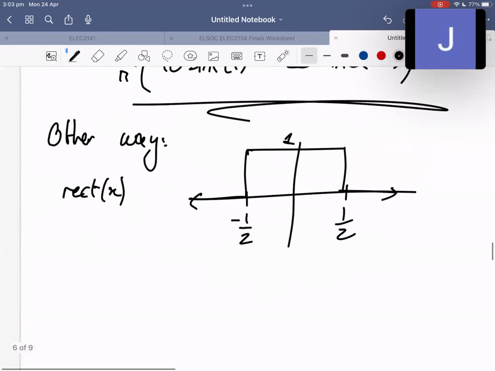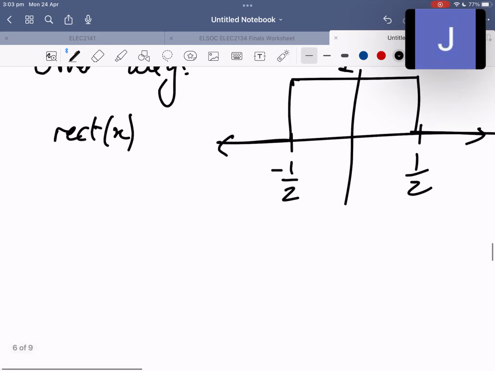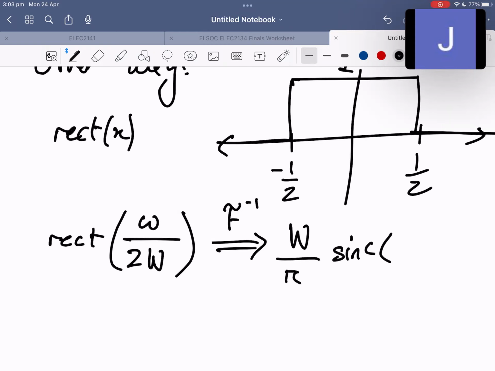And then if you look at the Fourier transform table that I looked at, they might differ from textbook to textbook, but the one that I looked at has the transform pair: if you have rect of omega over 2 times some width w, that inverse transforms to w on pi sinc wt.